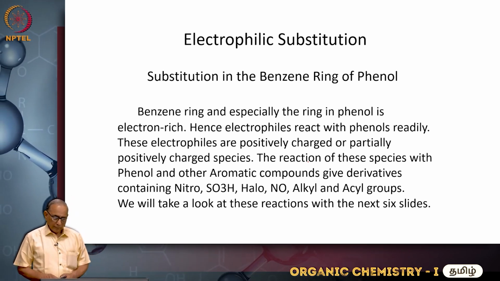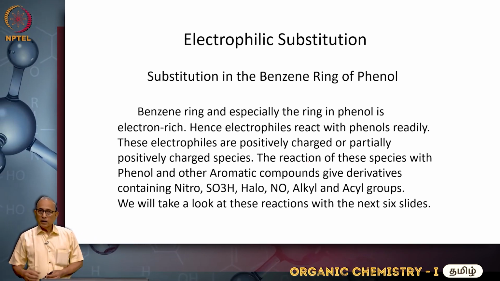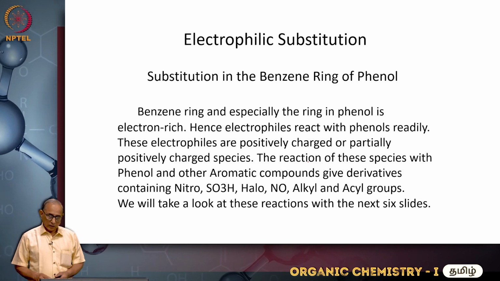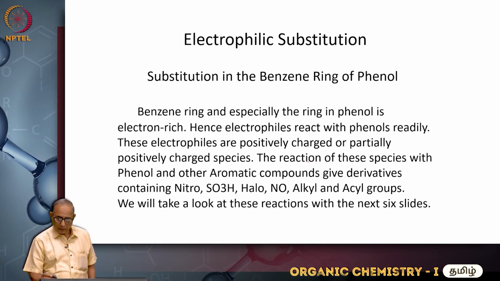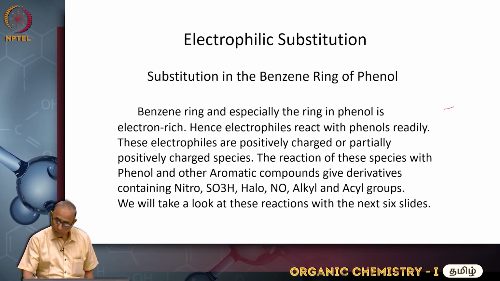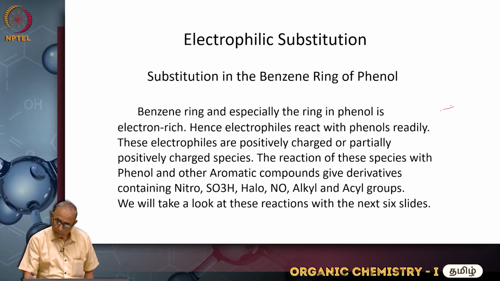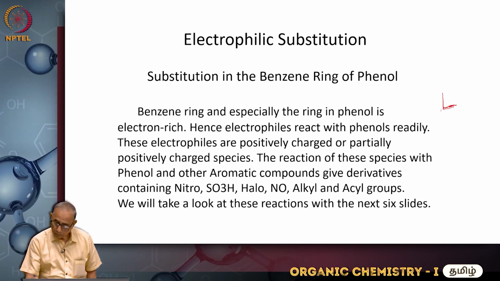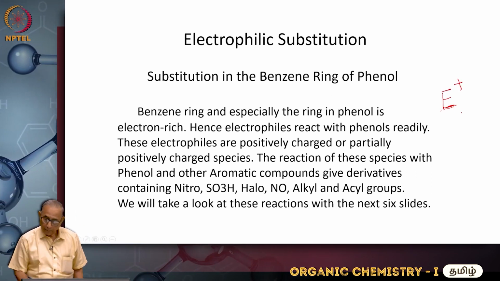The benzene ring, and especially the ring in phenol, is very electron rich because phenol donates electrons because of its electronegativity. Hence, the electrophile is indicated as E plus.